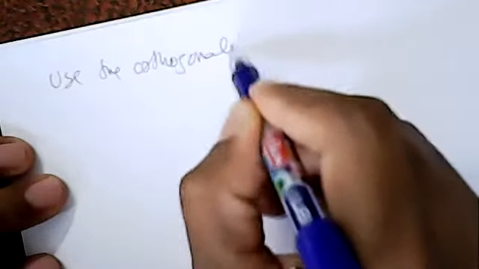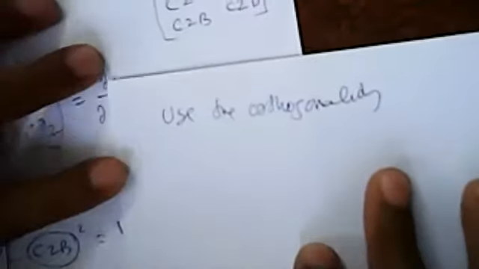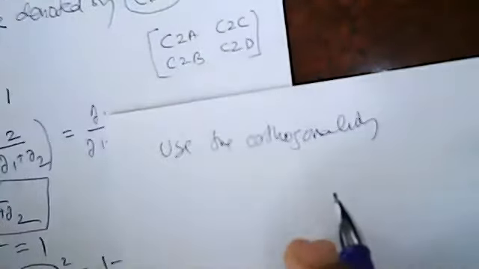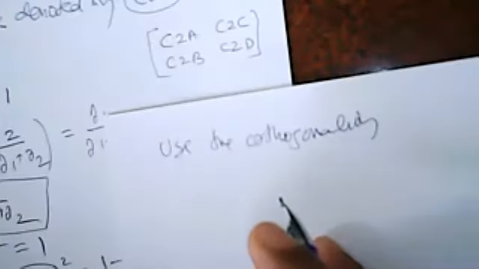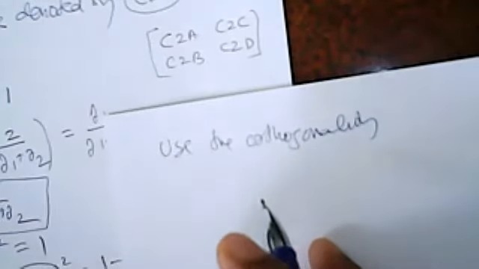So this was our matrix, C2A, C2C, C2B, and C2D.